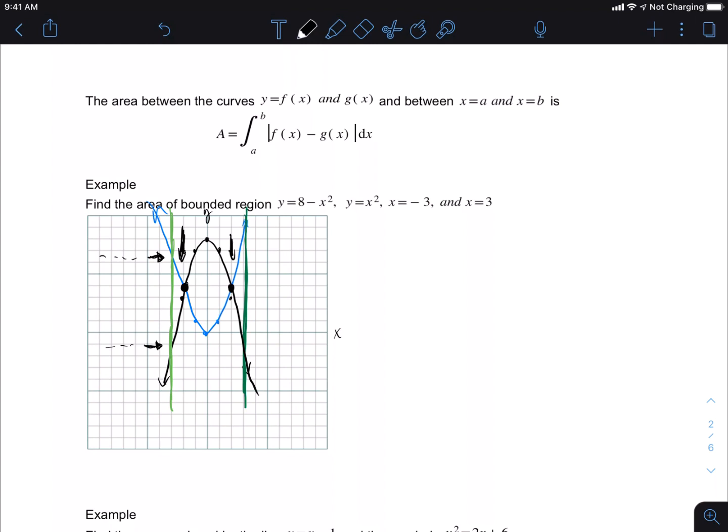So now let's look at the furthest left piece. We're going from what value to what value? What is the lowest bound? -3. Okay, where do they intersect?